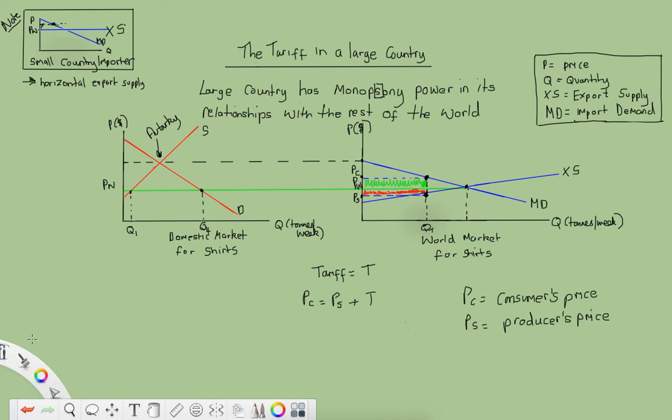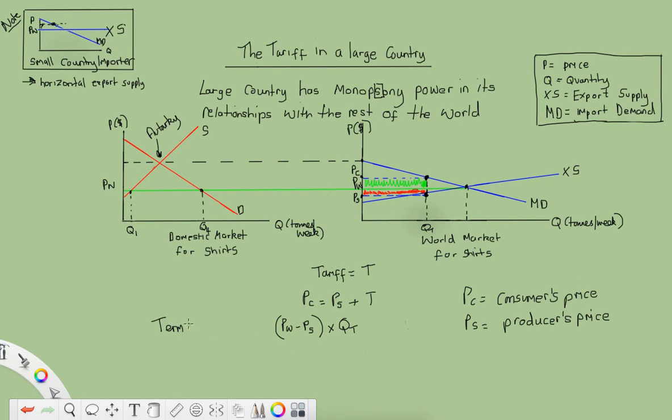So that's actually got a special name, and so we've got, let's call it, PW minus PS gives you that distance on the vertical axis here, multiplied by QT is called the terms of trade effect.